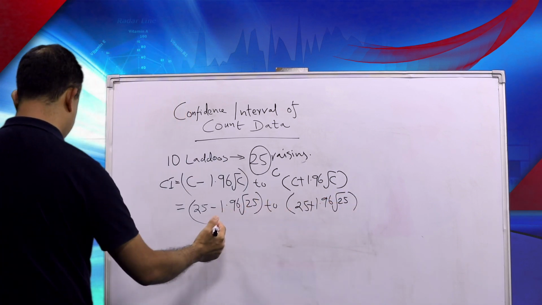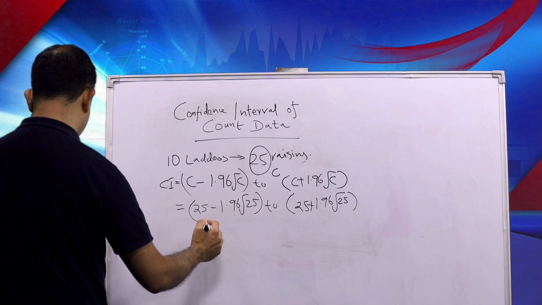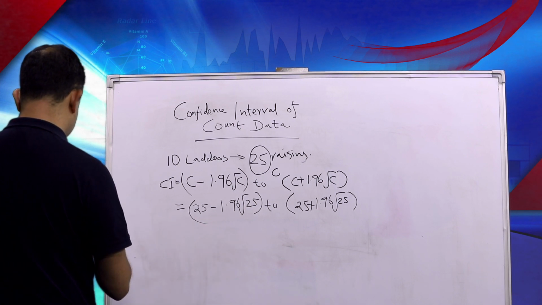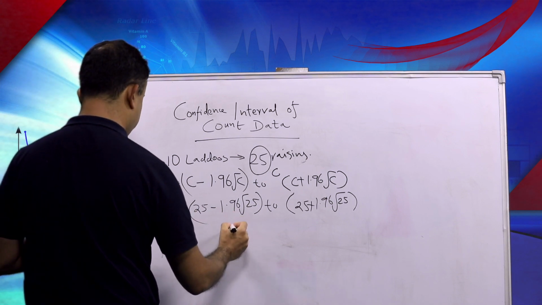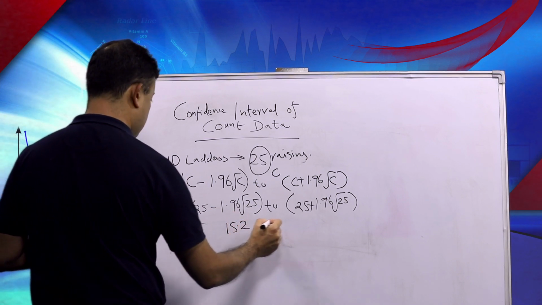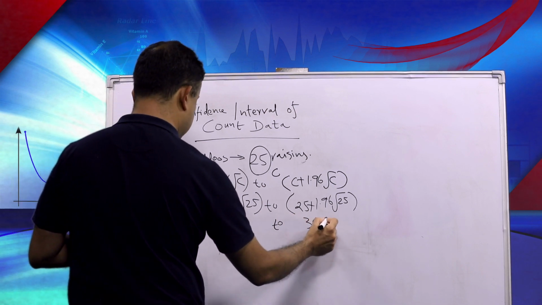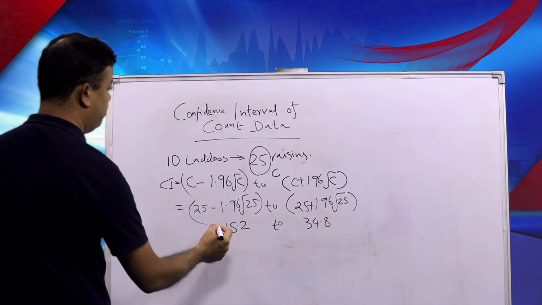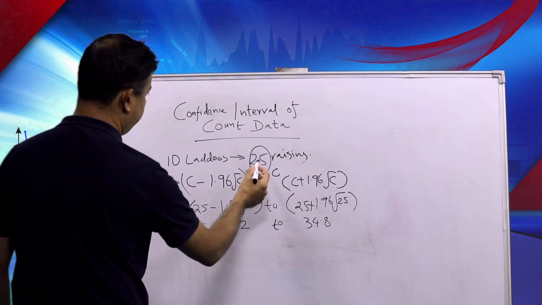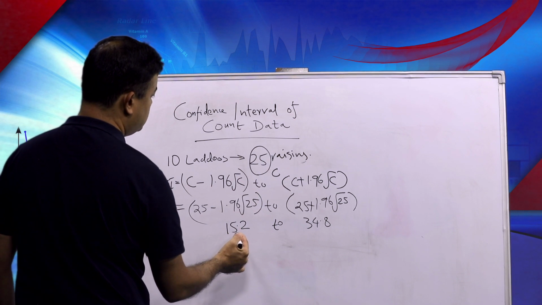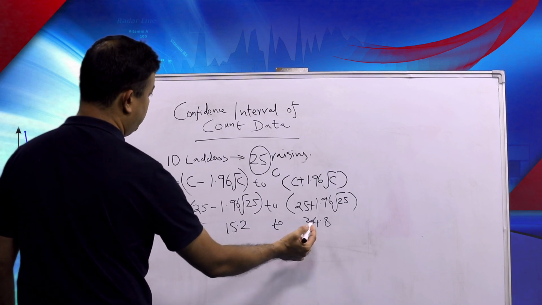If you calculate this one, the answer is going to be 15.2 to 34.8. So, this is the confidence interval of this 25. Just by knowing this 25, you will get 15.2 as the lower limit and 34.8 as the upper limit.